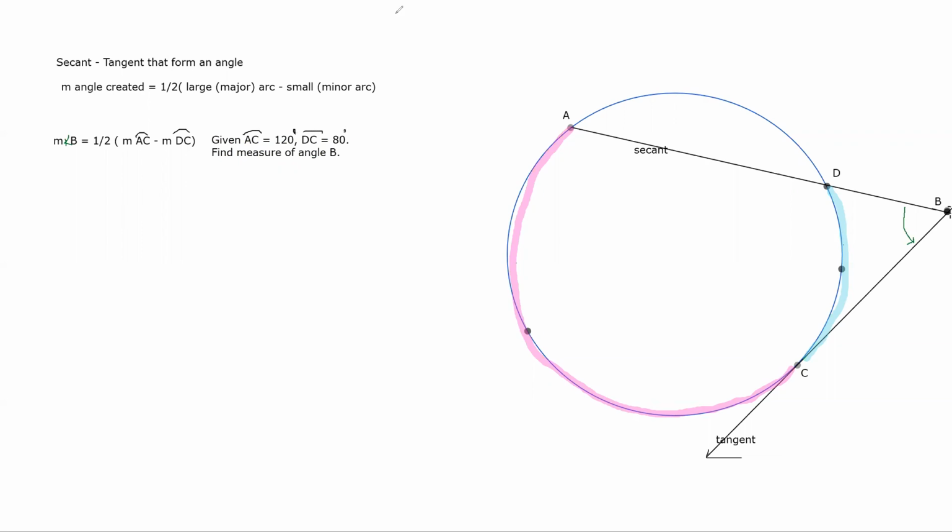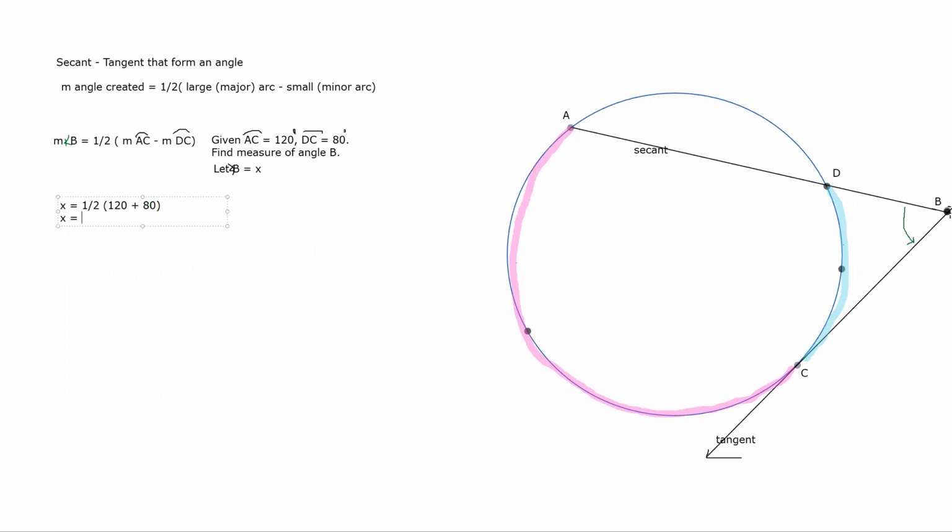To set up our equation, we're going to let angle B equal X, and plug it right into our equation. So X equals 1/2 of 120 plus 80.